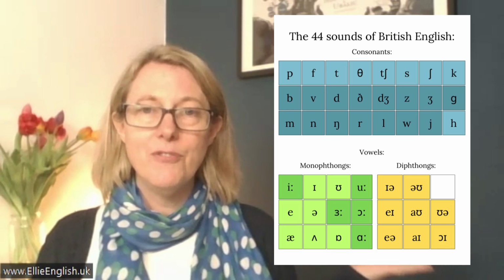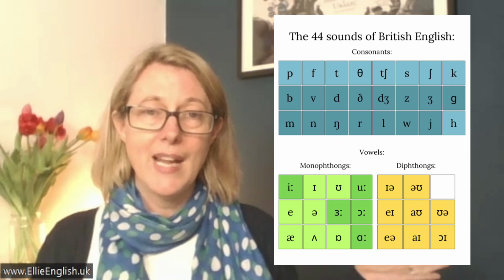So we all know, don't we, that spelling in English is very difficult. The letters that we use do not match up to the sounds that we say. And there are 26 letters in the alphabet, but 44 sounds of English. Have a look here. These are the 44 sounds of British English.